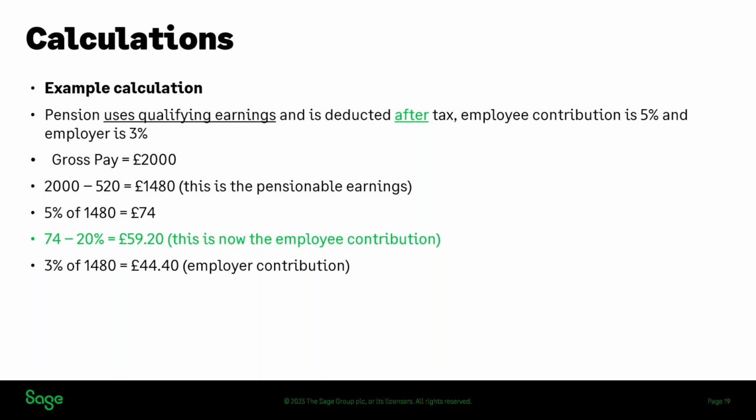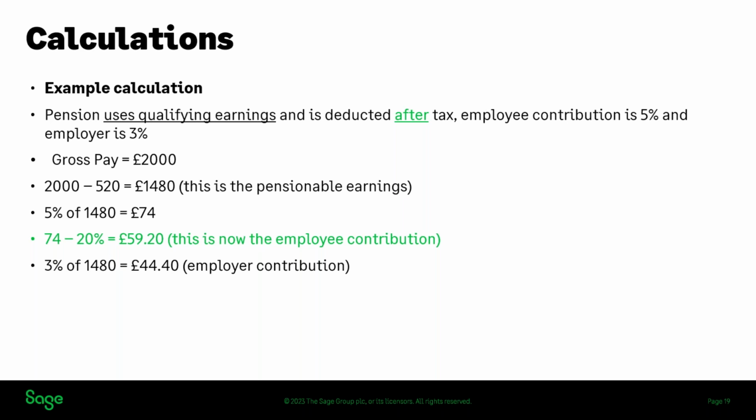So we're going to be deducting £520 from our 2,000 like we did earlier. Remember, the concept is the same for other pay frequencies. It's just the values for the threshold that change, which can be found in your legislation settings. So we've got our pensionable earnings once more of 1,480. So we now need to take 5% of that, which is our employee contribution.